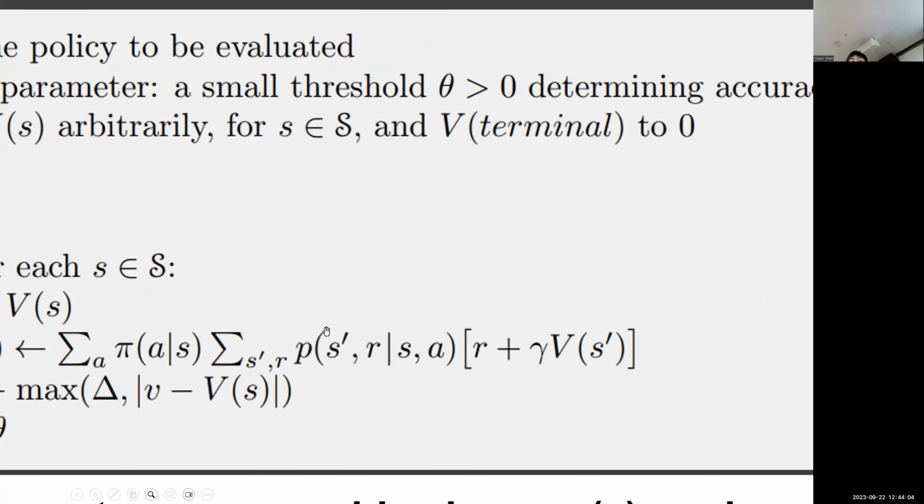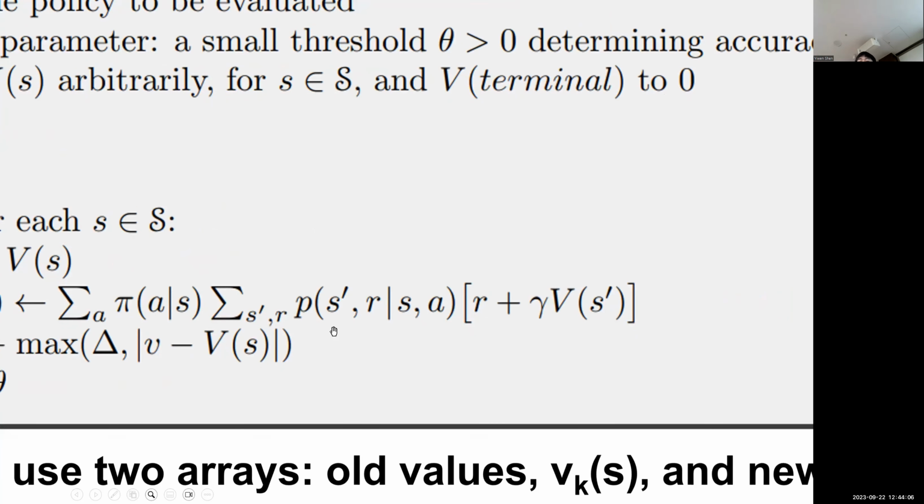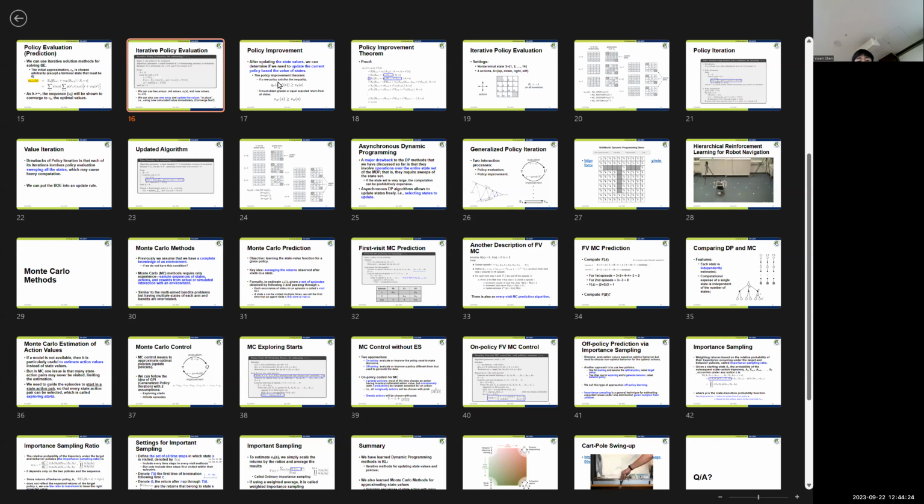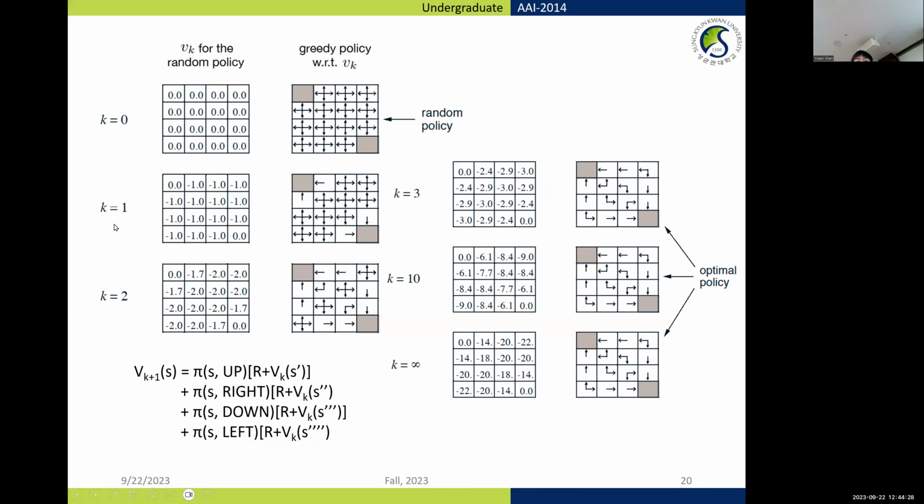This one is 1 because this just sums all the possibilities, so ignore this one, just 1. Then R is the reward plus gamma. We don't consider the discount value here, we just consider 1. Then V(S prime) is the neighbor state's value. This is how we calculate this.